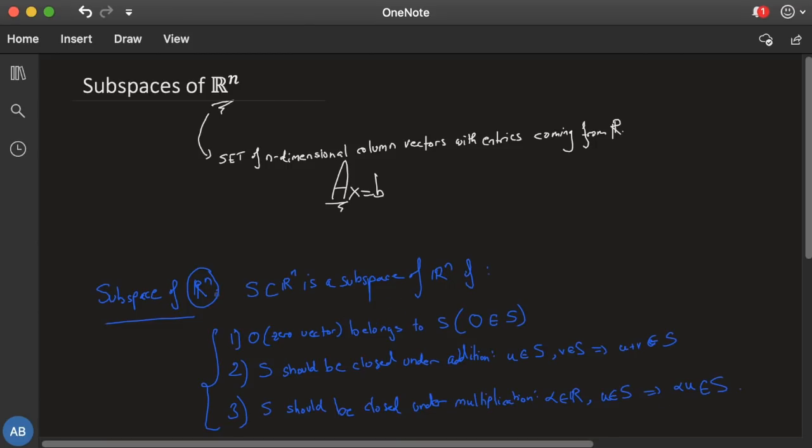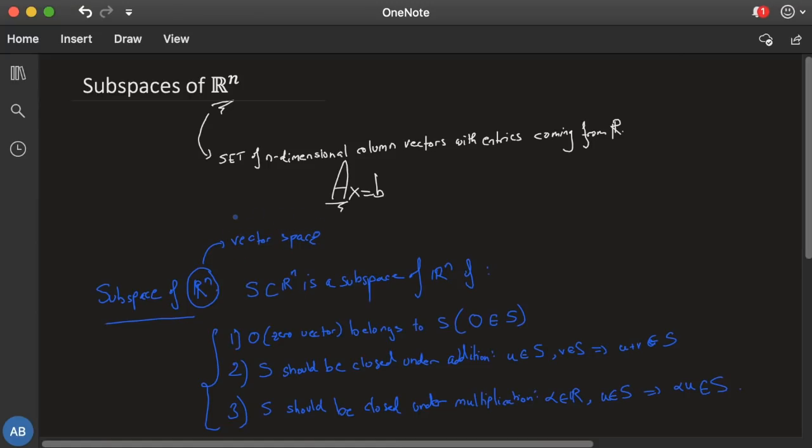And we will refer to Rn as the vector space. You can think about it as the universe where our study is going on. Note that this is not the only vector space. There are millions and billions of other vector spaces that we can form. For example, you can think about the complex field, the Galois field, and so on.